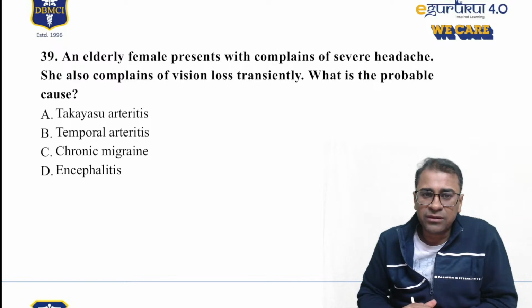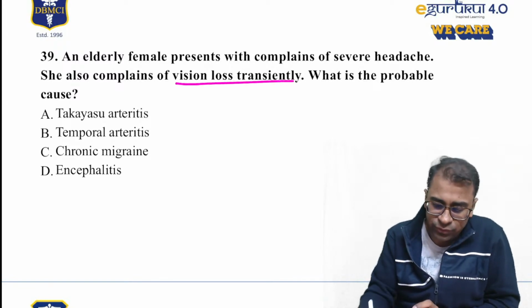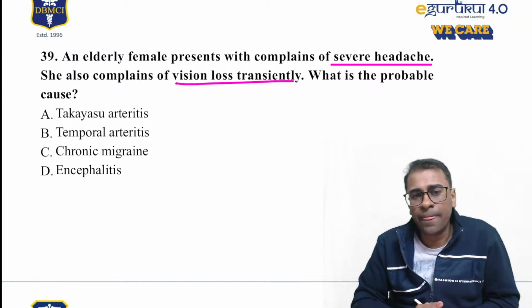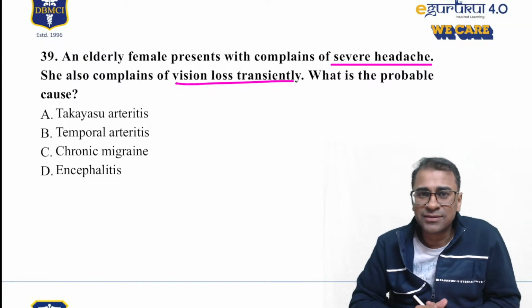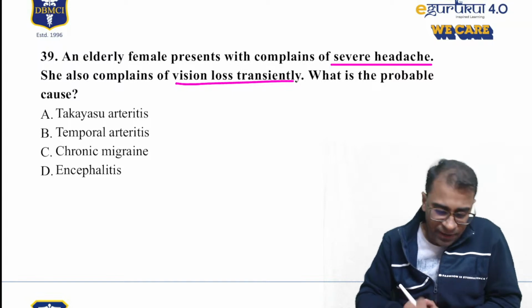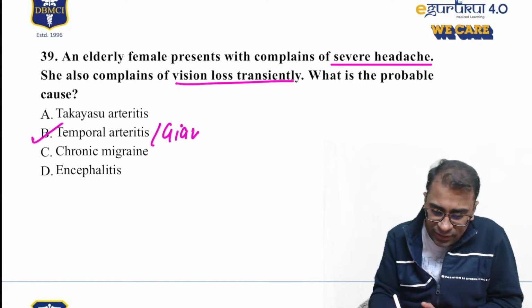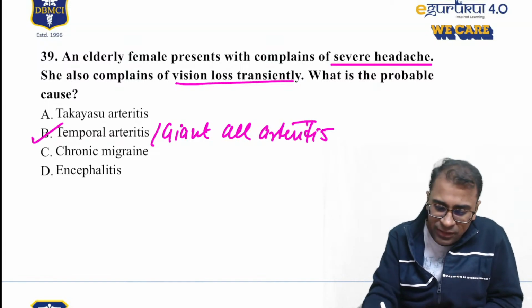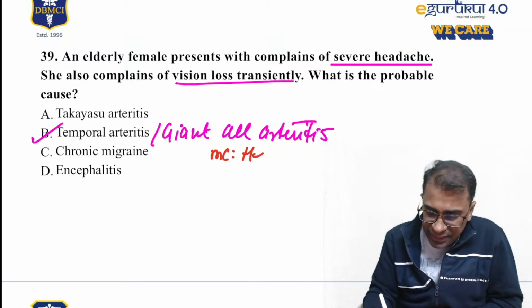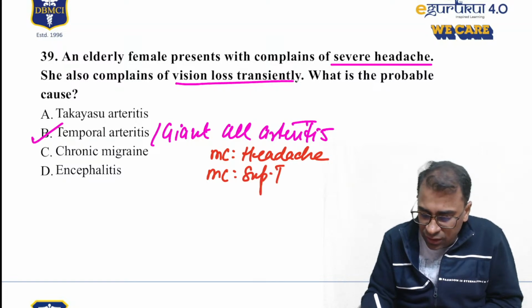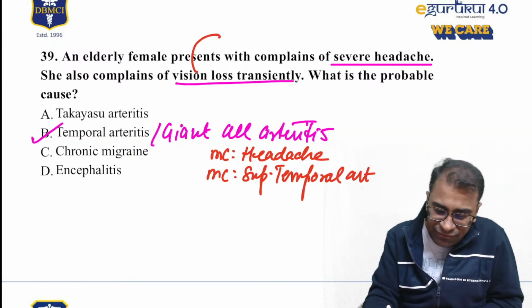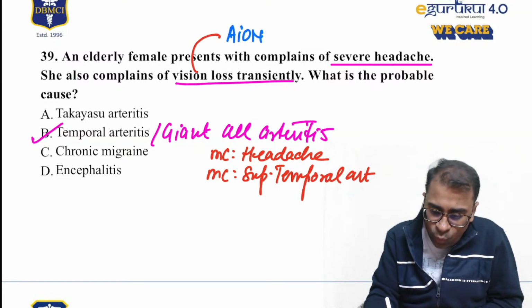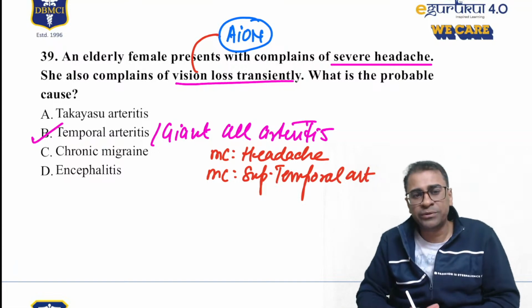Complaints of severe headache and vision loss, क्या हो गया इसको? Most probable cause क्या होगा? It is temporal arteritis, also called giant cell arteritis. ठीक है, remember इसमें the most common symptom is headache. The most common vessel involved is superficial temporal artery, and this typical finding is referred to as AION, anterior ischemic optic neuropathy.